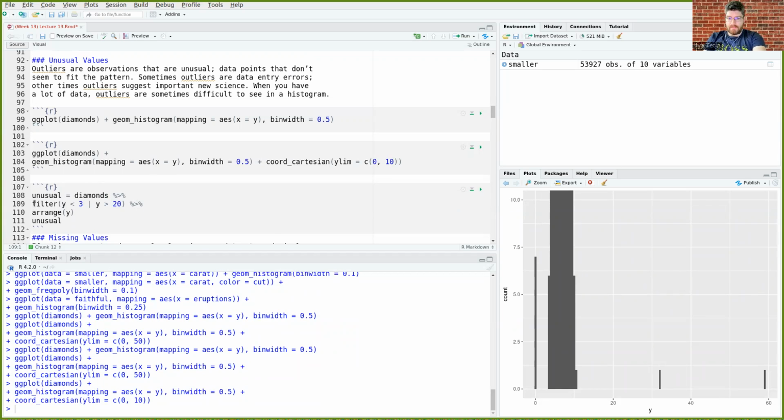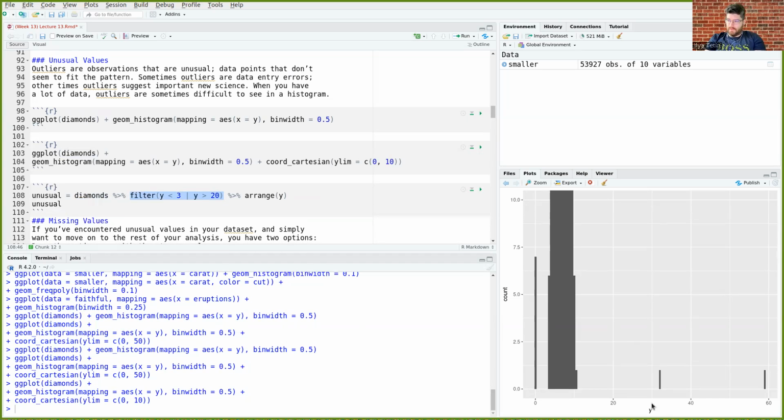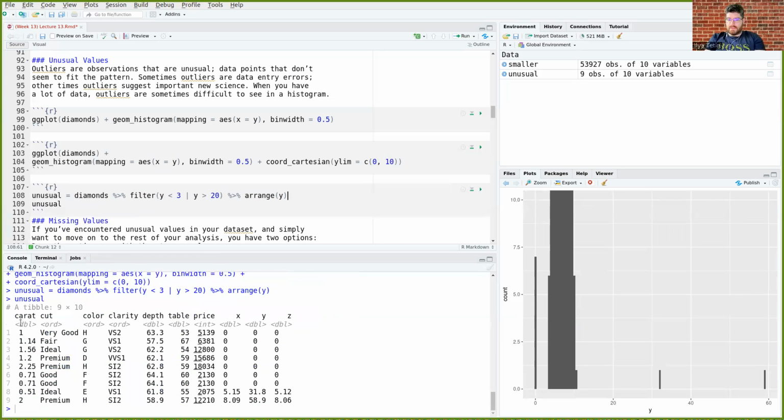Next, unusual diamonds. We can also provide these several commands. We start with the diamonds and filter them based on this y value, the value on the x-axis: y less than 3 or y more than 20. So we separate very small and very large values and place them in the variable called unusual.